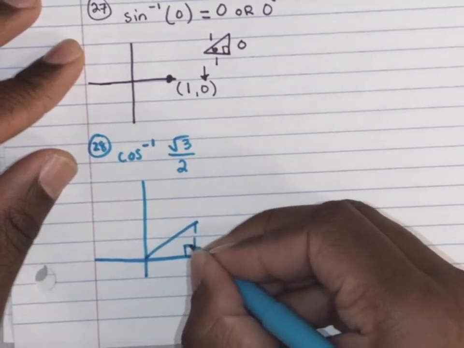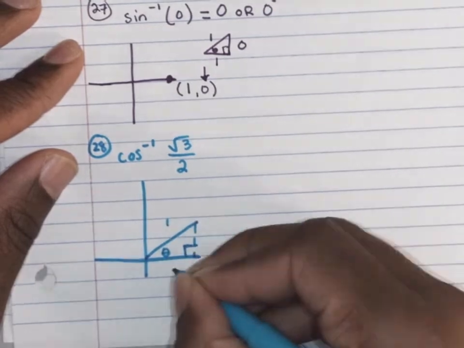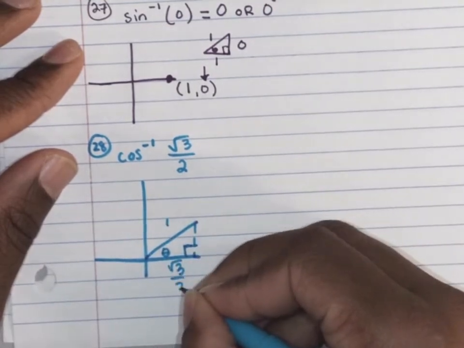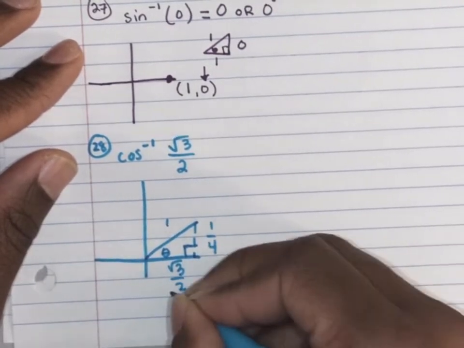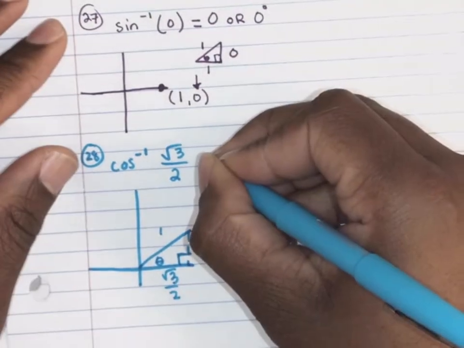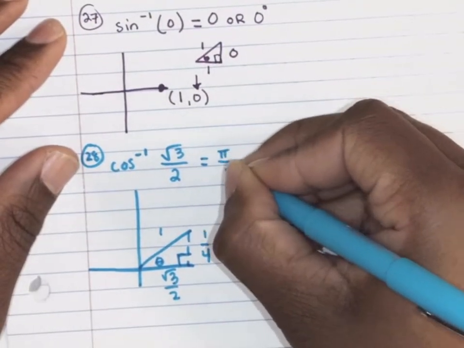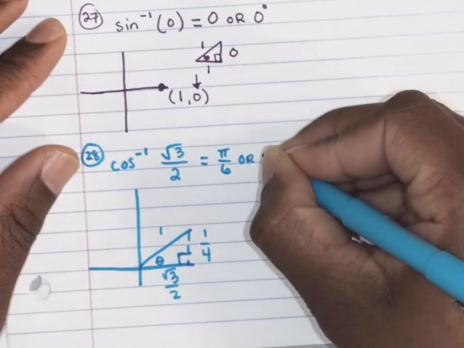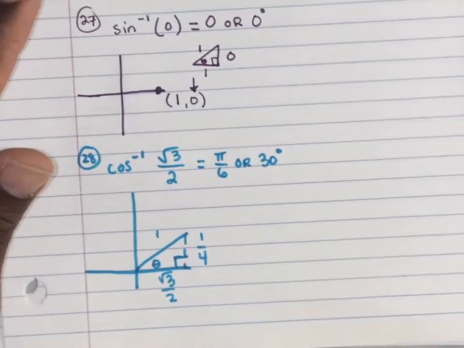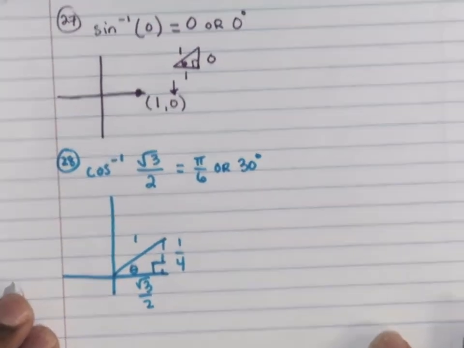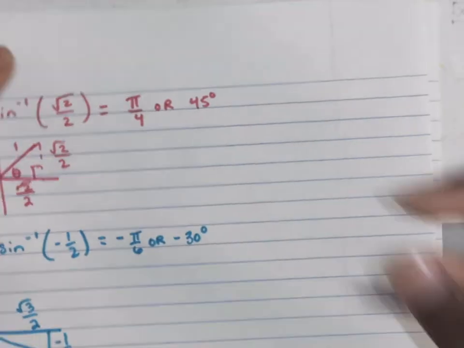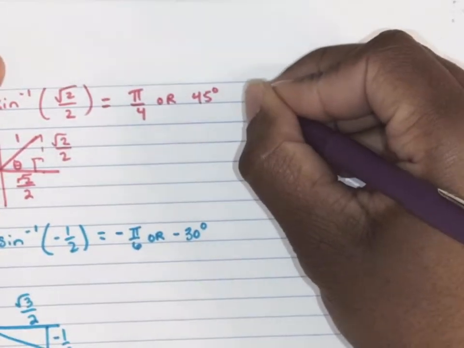So my answer will be 30 in the first quadrant. So this angle is at pi over 6, or you could say 30 degrees. Number 29.